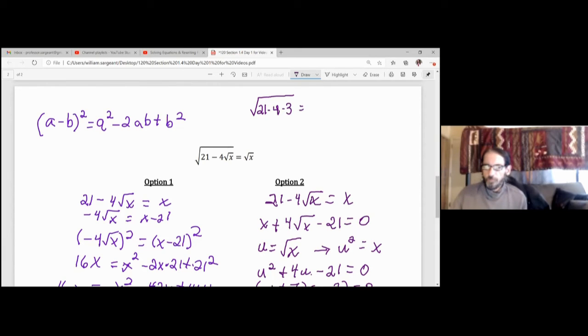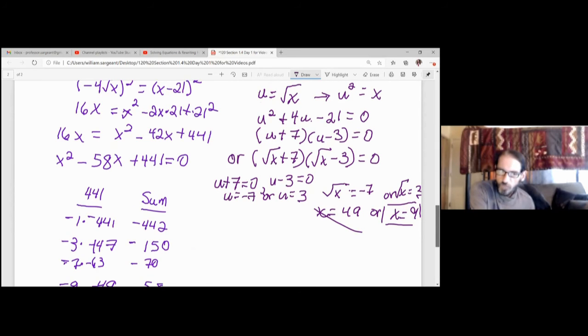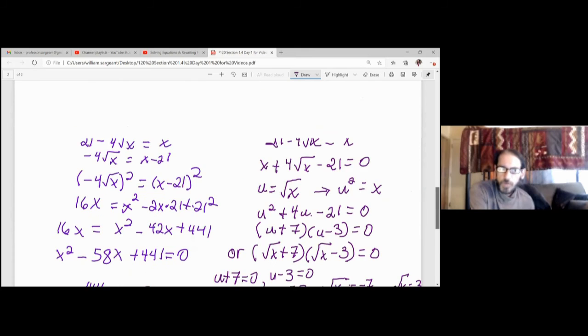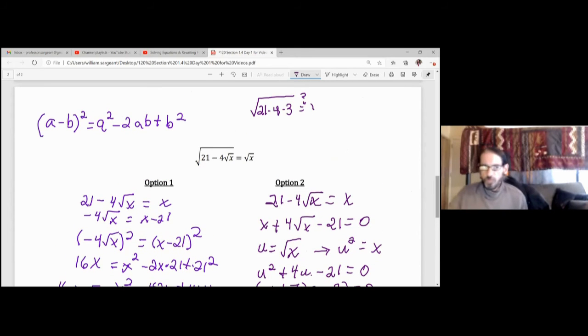We're checking whether the square root of all of 21 minus 4 times 3 equals 3. And that's going to give us 21 minus 12, which is 9. Square root of 9 is 3.